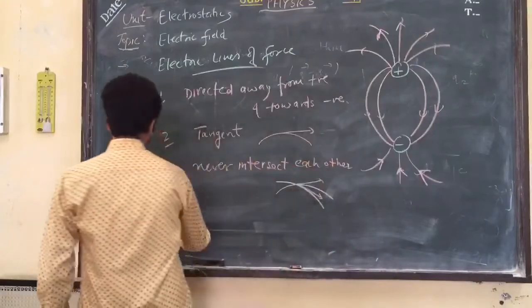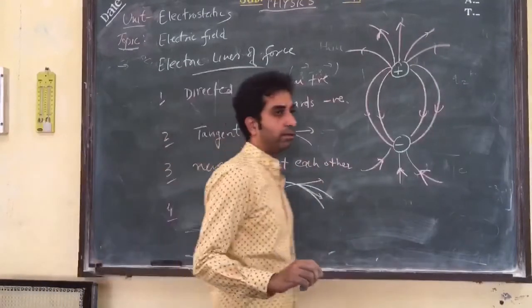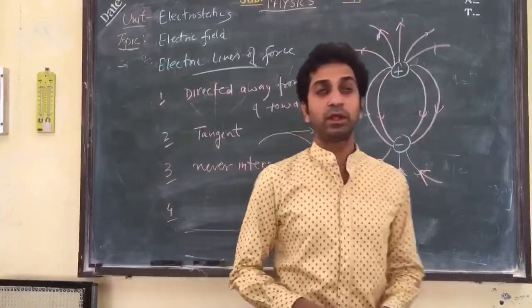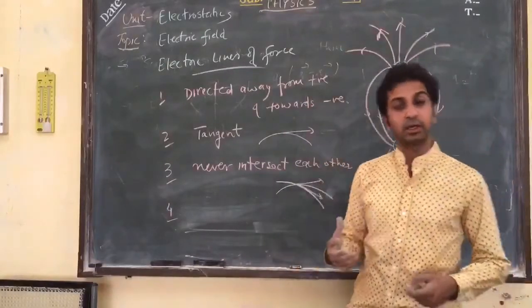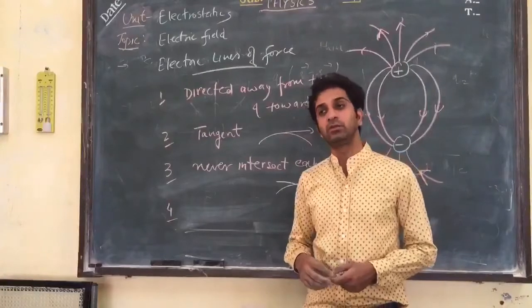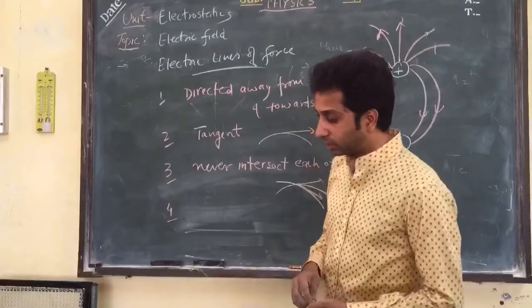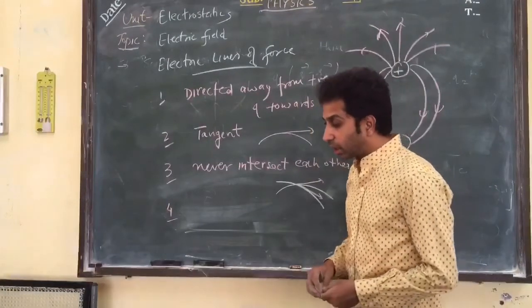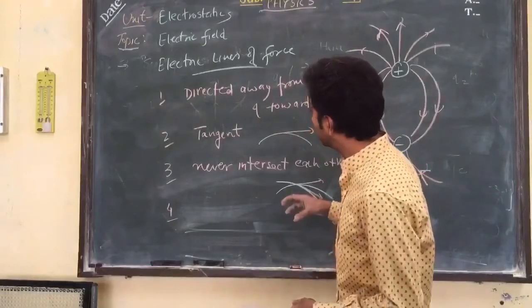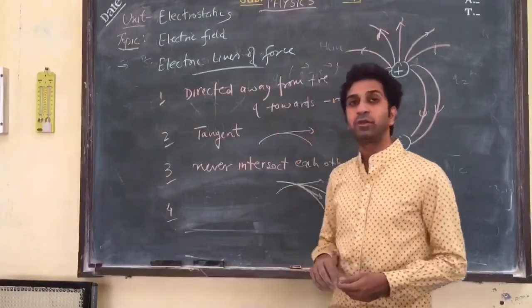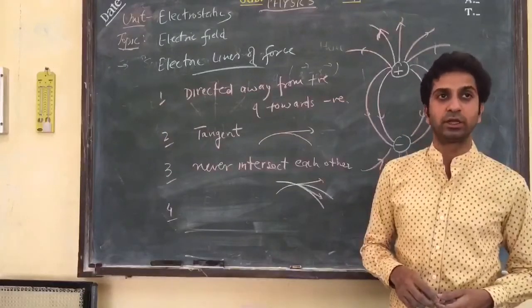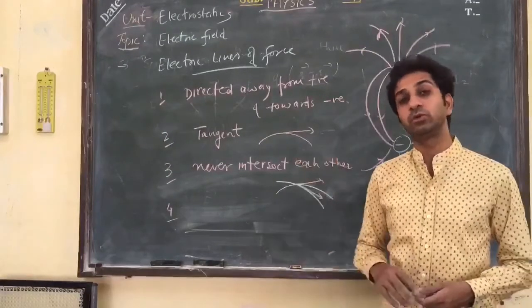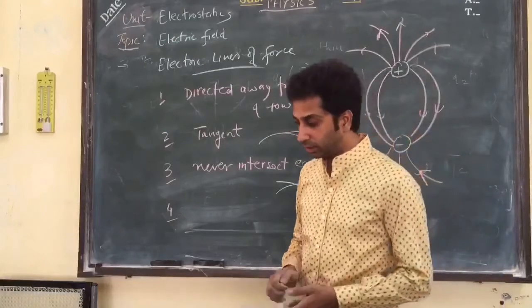Then, the more lines, the stronger the electric field you are representing. The fewer the lines, it directly implies a weaker electric field, right? And also, the stronger the electric field is, the more lines you will get for a particular charge, right? Number of lines is directly proportional to the strength of the electric field.